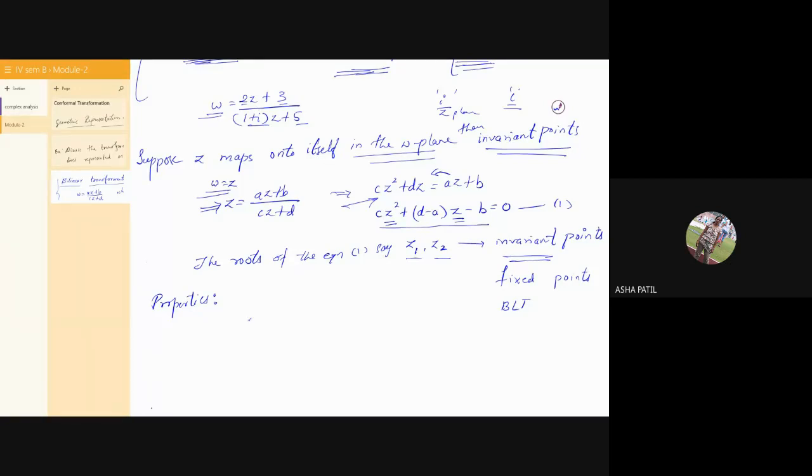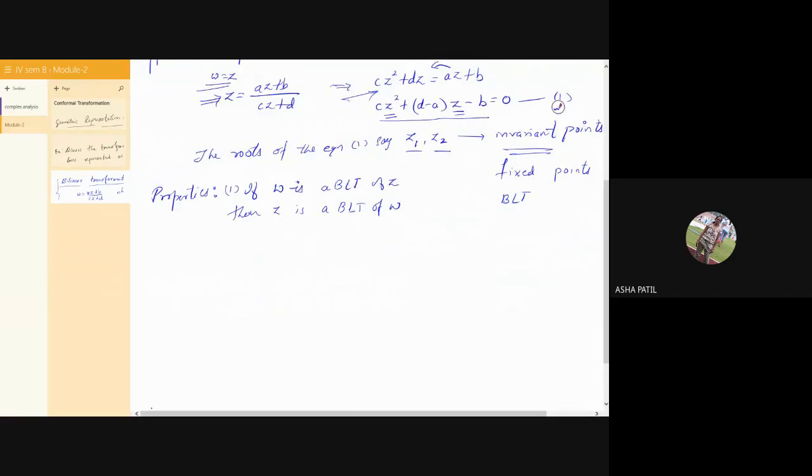If W is a bilinear transformation of Z, then Z will be a bilinear transformation of W. That is one of the properties. So it is the other way.